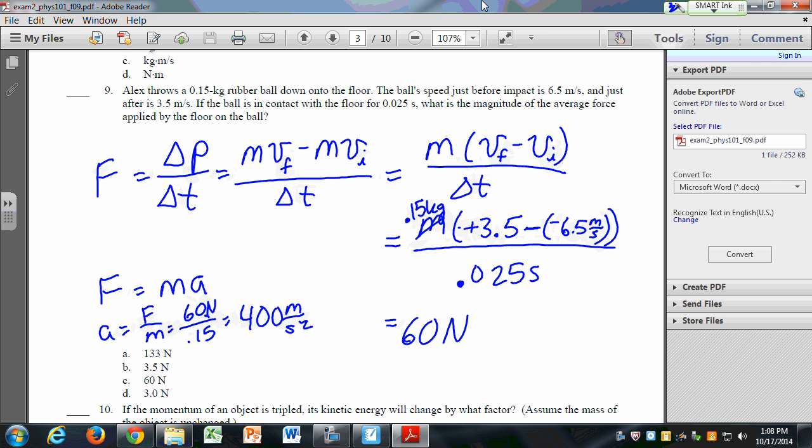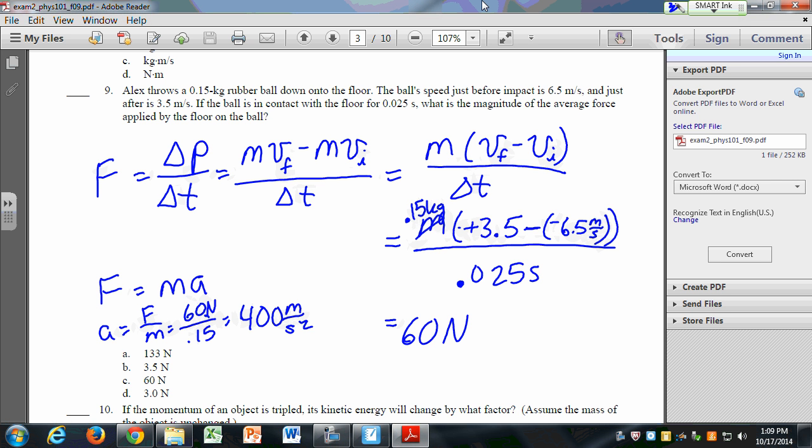So big acceleration to make it change direction like that. Also, if y'all remember from the 3D class, you can also just say to find the acceleration, this change in the velocity divided by this time. It'll give you the same answer, 400. All right.